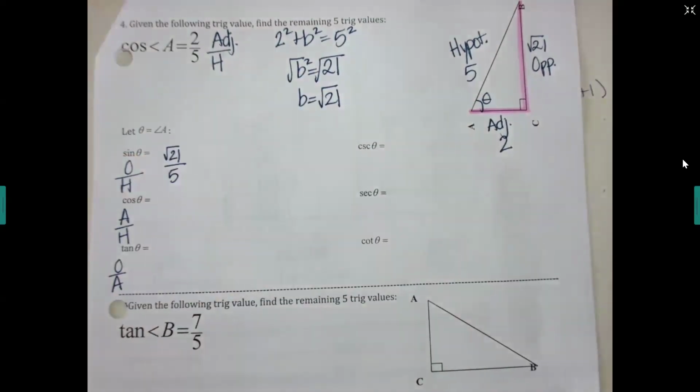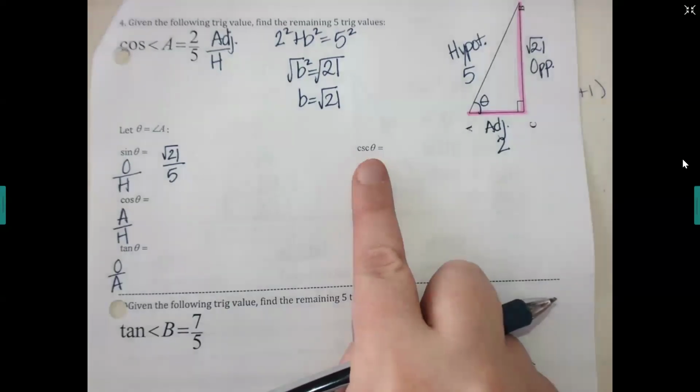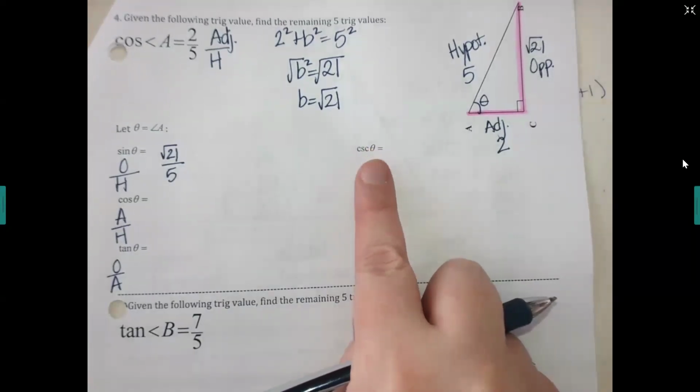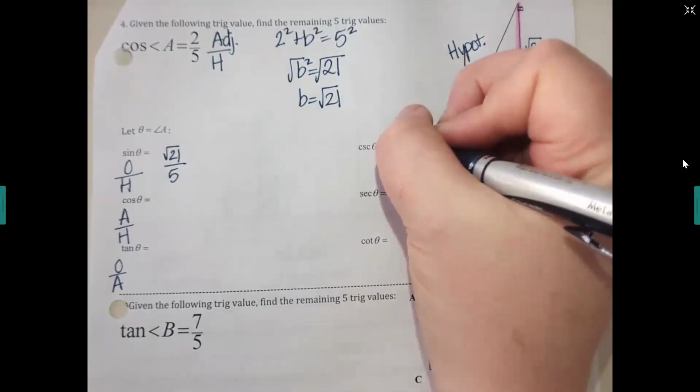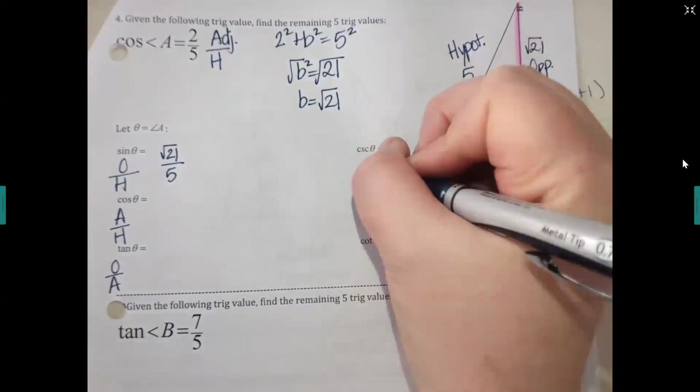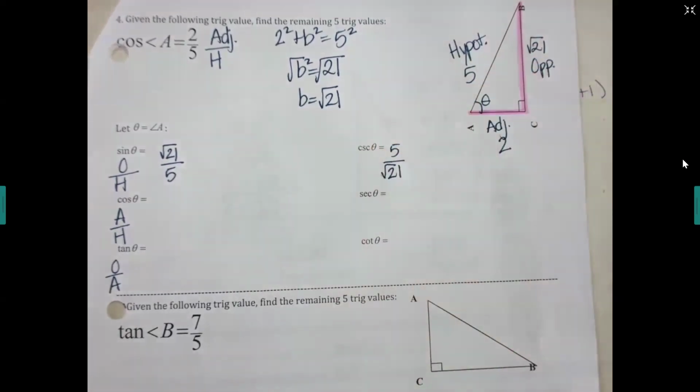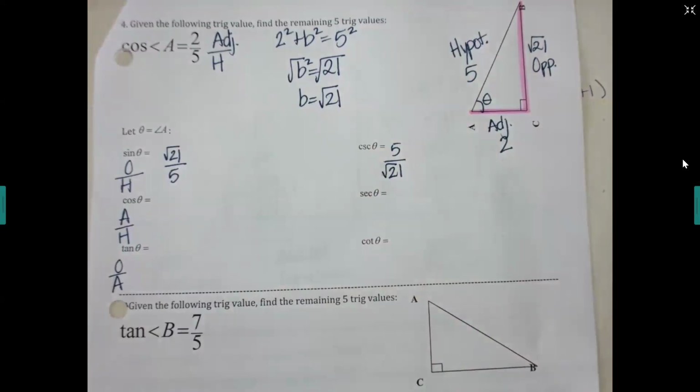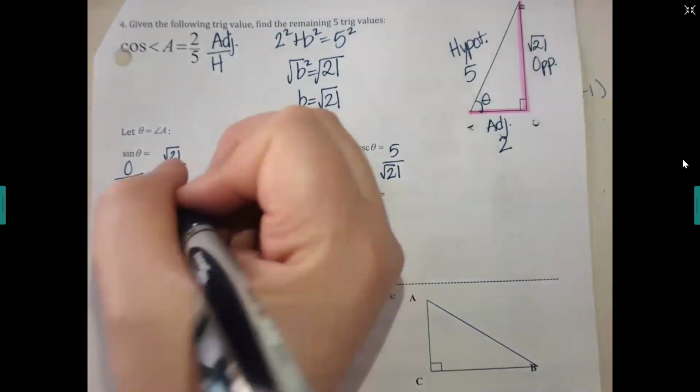And then while I'm at it, let me flip that and fill out CSC. What would the answer here be? 5 over root 21. Because remember, they're already across from their partner, since you don't really know who's partners yet, probably very well. Okay, cosine is A over H. What will A over H be?